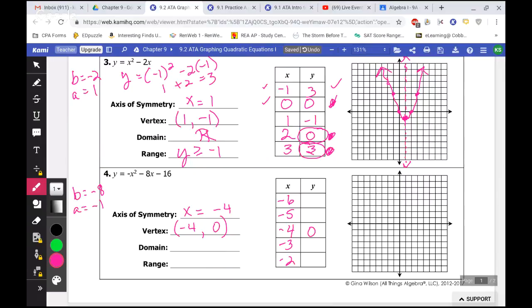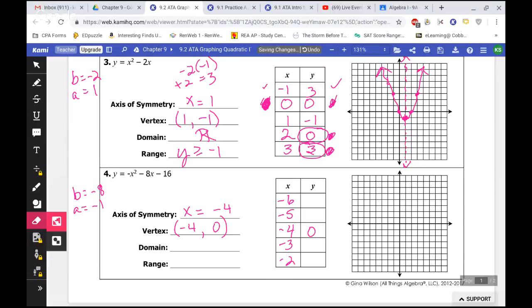I plugged the 0 and negative 1 back into the original equation, just like I do the vertex. What happens if I plug a 0 into that original equation?